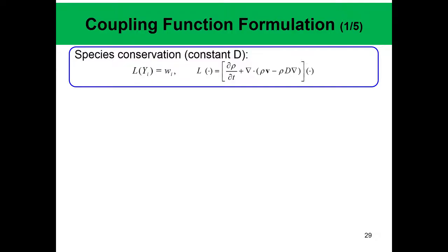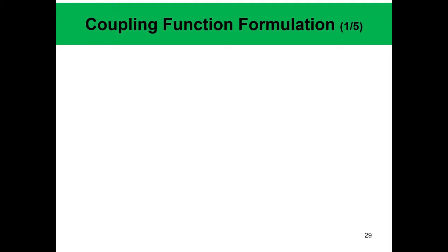We will see that in certain conditions we can make them conserved, but it will be very difficult to find something which is generally conserved in a convective diffusive medium. Okay. So, for now we will need to find the coupling function formulations, and we will go into that.